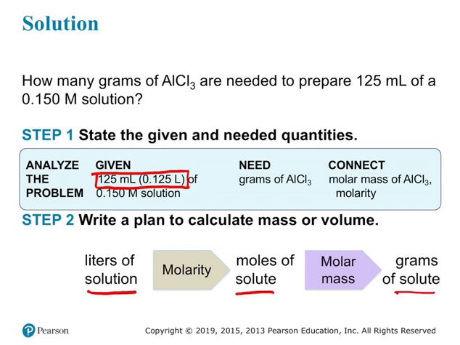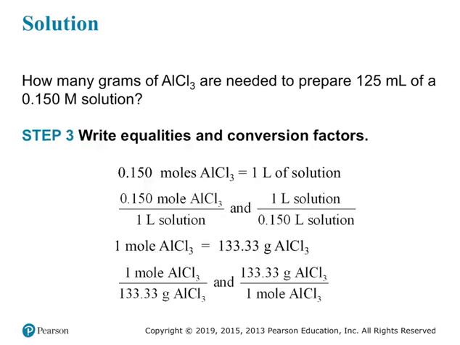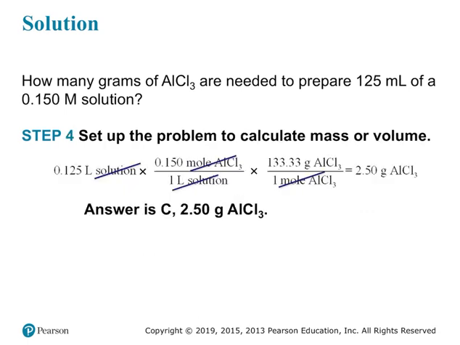But once they had liters, then you could convert that to moles and then to grams. And then here are the conversion factors we used. Again, they kind of had one long calculation here. That's okay too. But if you like to go step by step, no problem, as long as you get the right answer. So we just used molarity as a conversion factor.